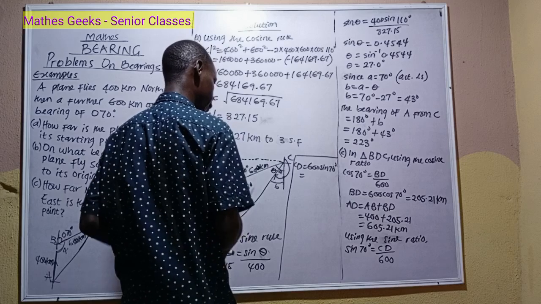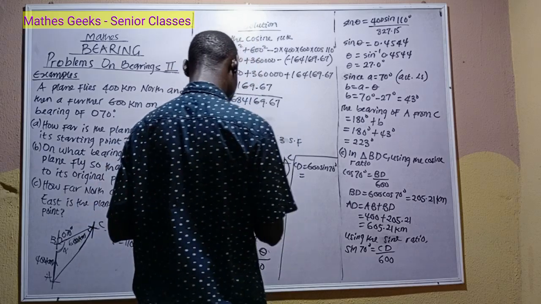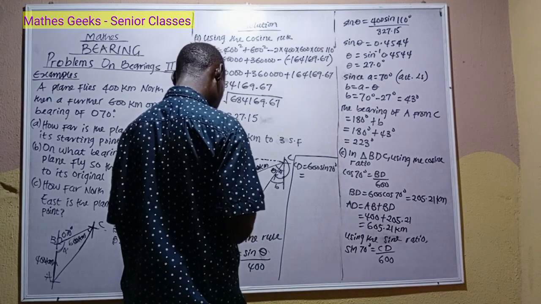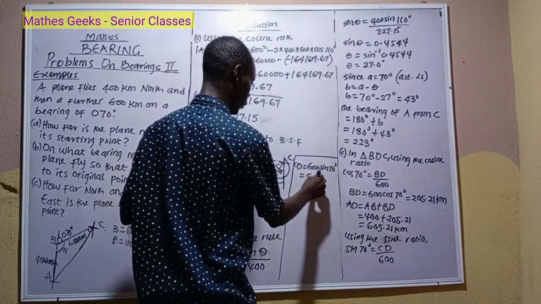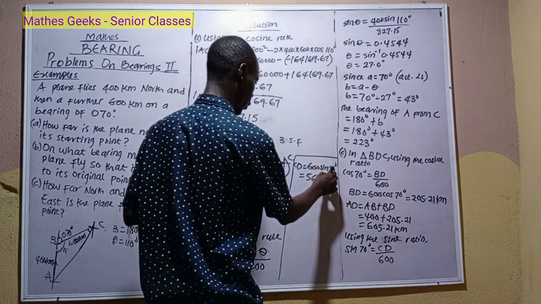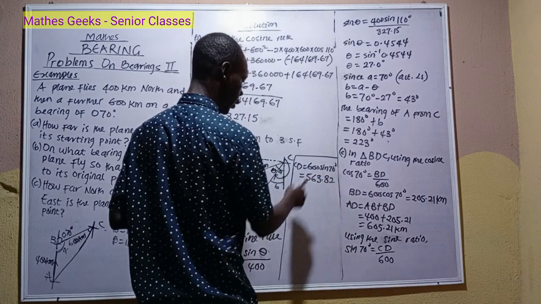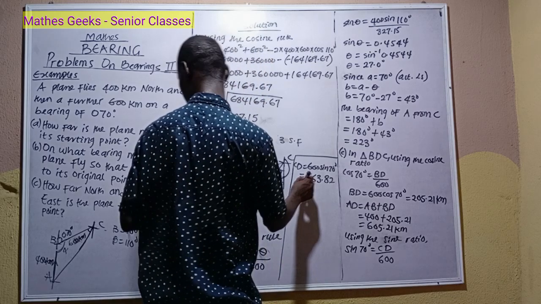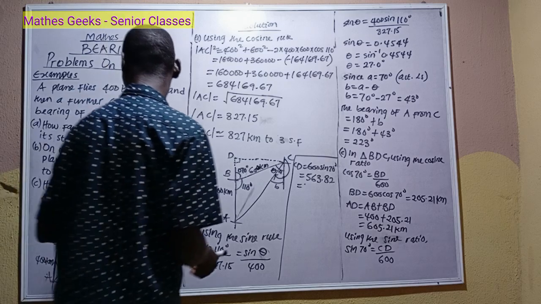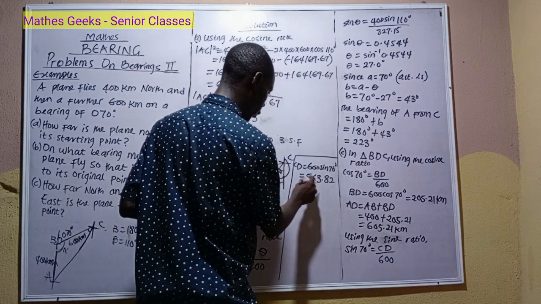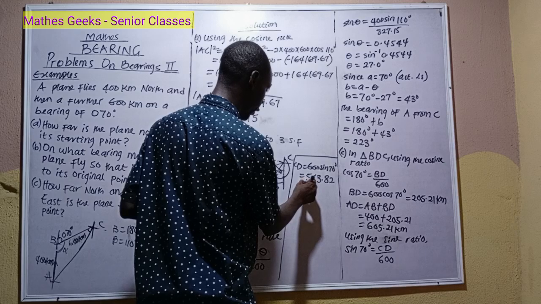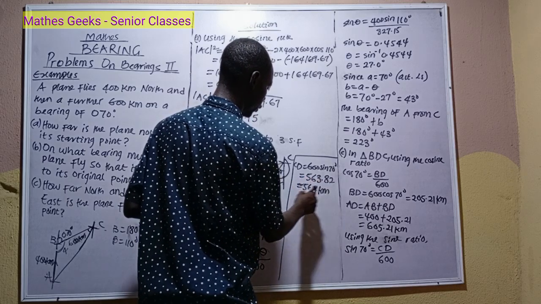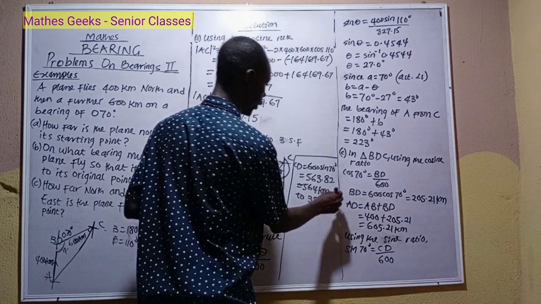That will give us 563.82. We need to correct it to three significant figures, so that will be 564 kilometers to 3 significant figures.